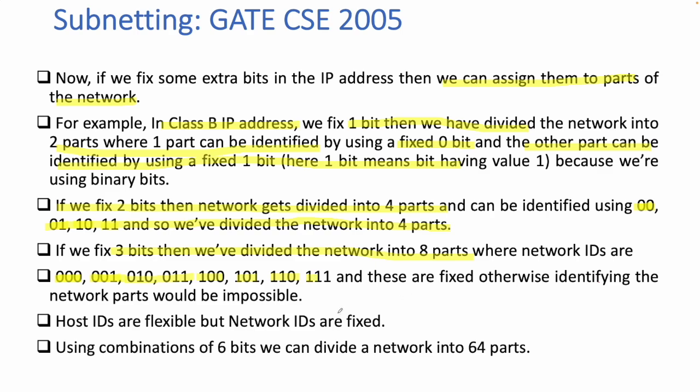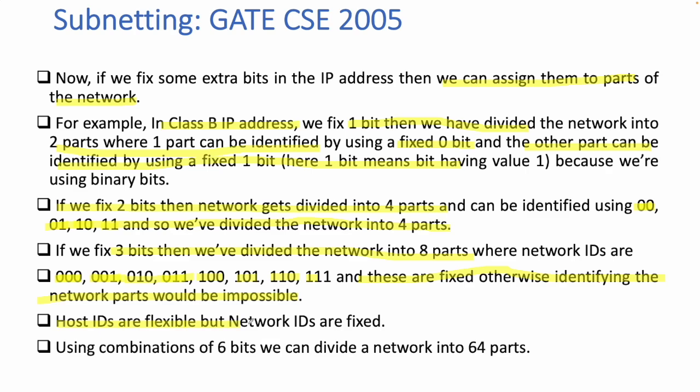From 0 to 7 your packets are going into different parts of the network based on your reserved bits. These are fixed, otherwise identifying the network parts would be impossible. Otherwise if you keep changing 001 to 011, then your packet will get confused and go to part 3.